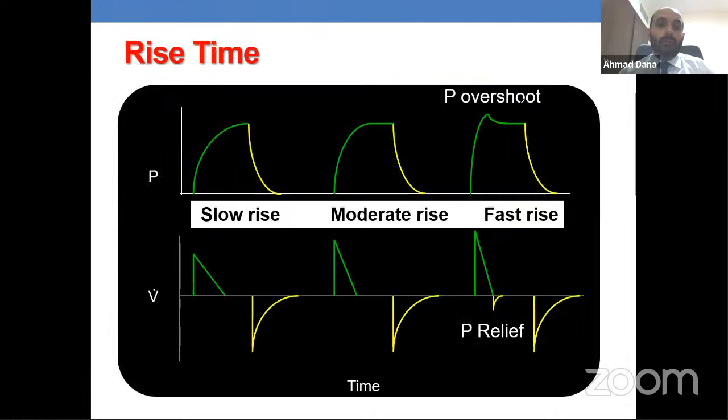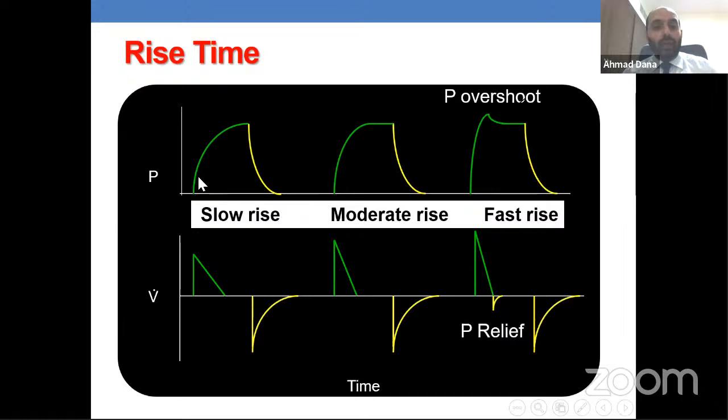Then the rise time. This is from the start until you reach the plateau. There are 3 types of rise time: either you want it slow, or moderate, or fast. Now, with a slow rise time, the problem is that you don't have much time later at the plateau pressure, so you cannot generate much tidal volume.